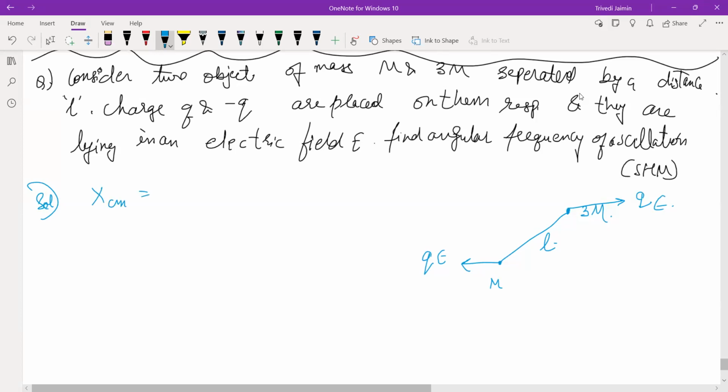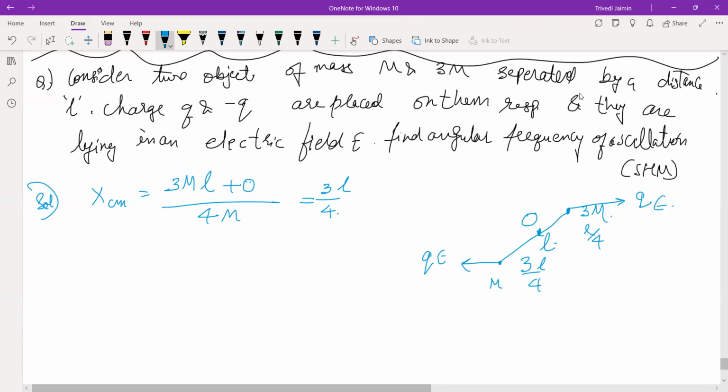X cm equals 3m times L plus 0, if we take some center O from here, divided by 3m plus m, which is 4m. The center of mass is at 3L by 4 from one end, and this is L by 4.